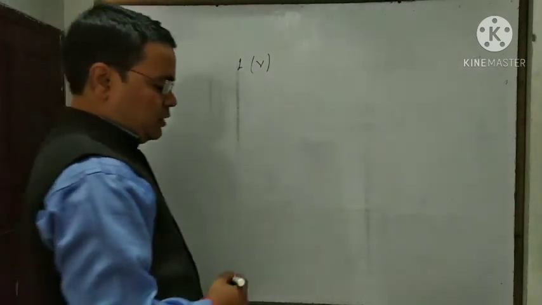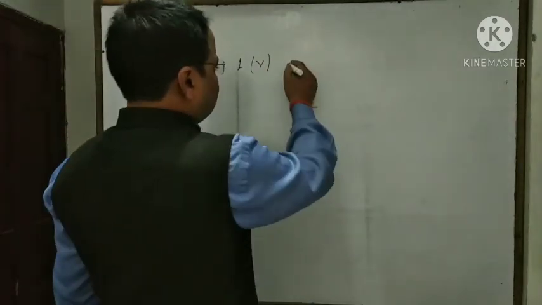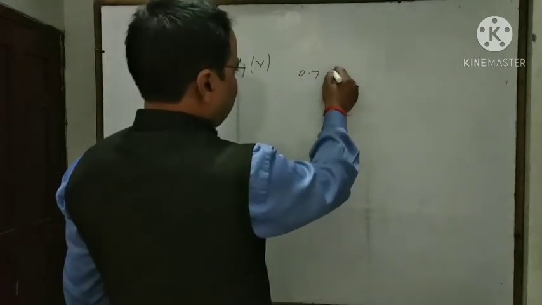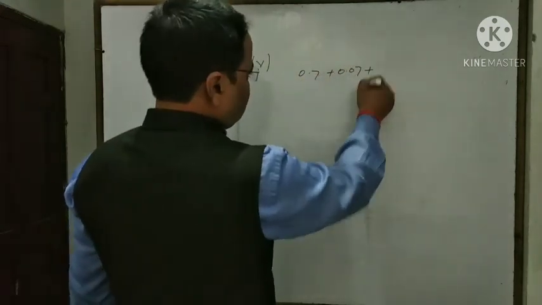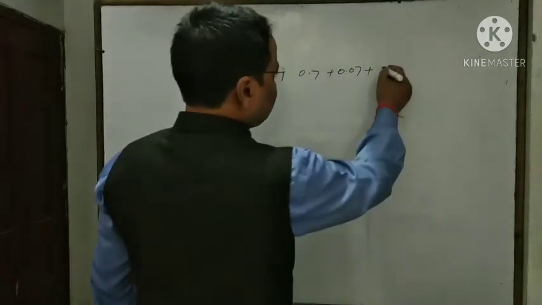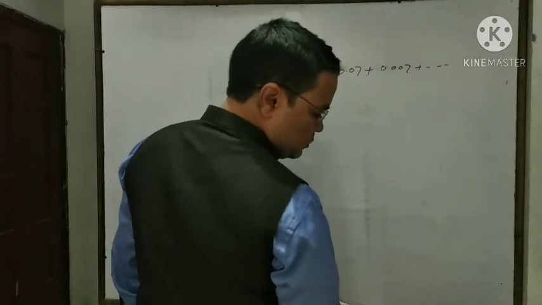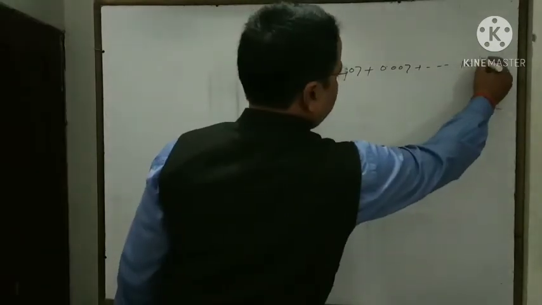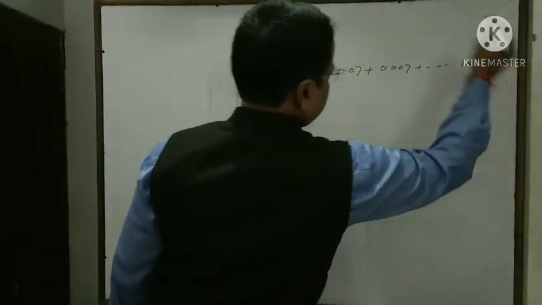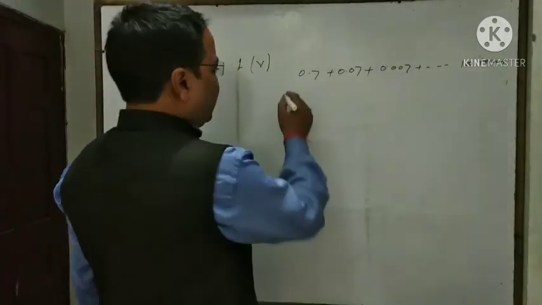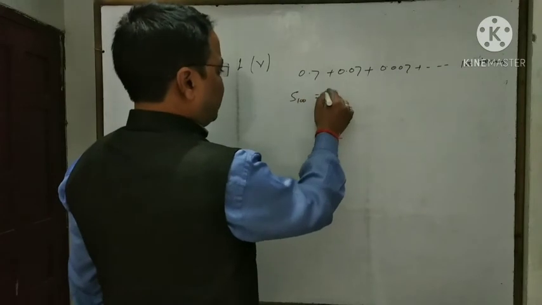What is given? The given series is 0.7 plus 0.07 plus 0.007 up to 100 terms. We have to find Sn, so S100 we have to find.